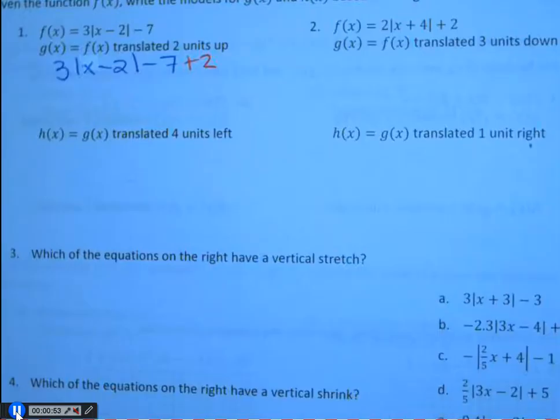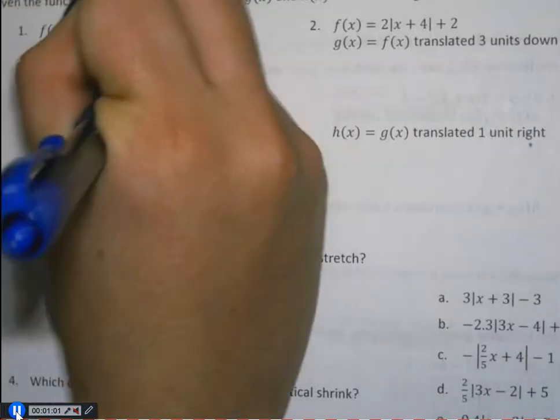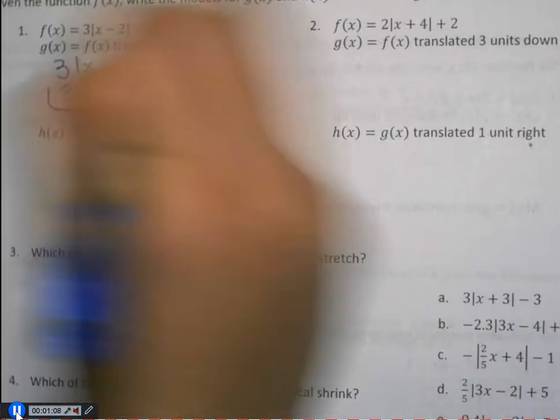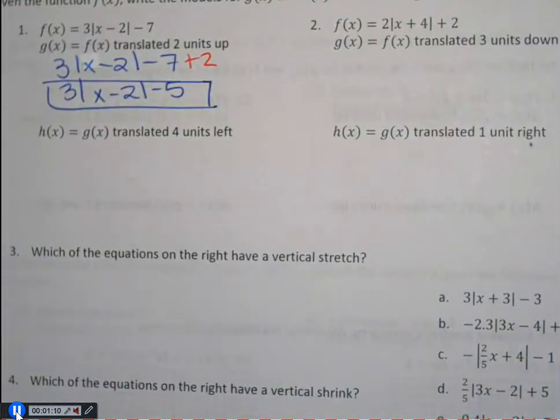Okay. So then all I have to do is combine like terms, and I added 2 at the end because up and down is a change to the end. So then I get 3 absolute value of x minus 2, now it's minus 5, because negative 7 plus 2 is negative 5.